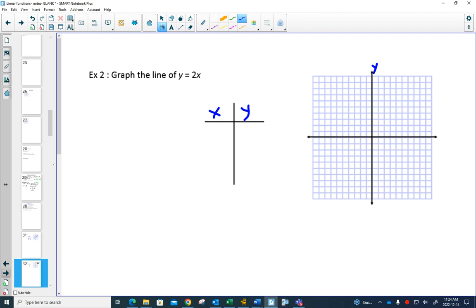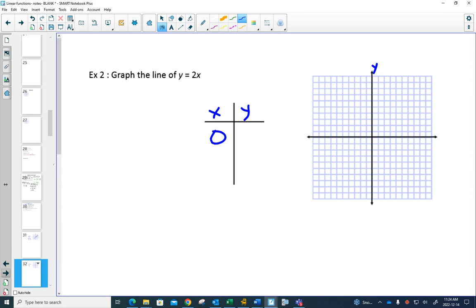Think about any point on this graph. What's the x coordinate going to be? If I labeled one at random, what's the x coordinate at that point? 0. What's the x coordinate of that point? 0. No matter where you put it on the y-axis, your x coordinate will be 0.